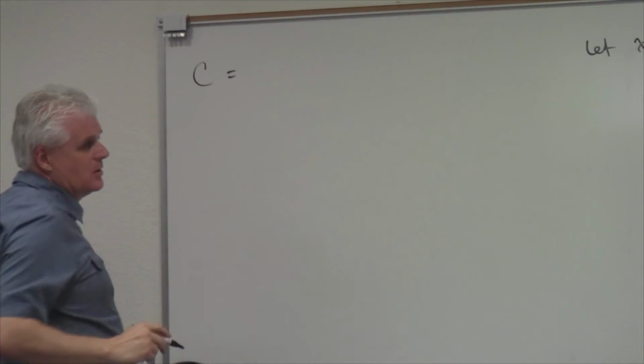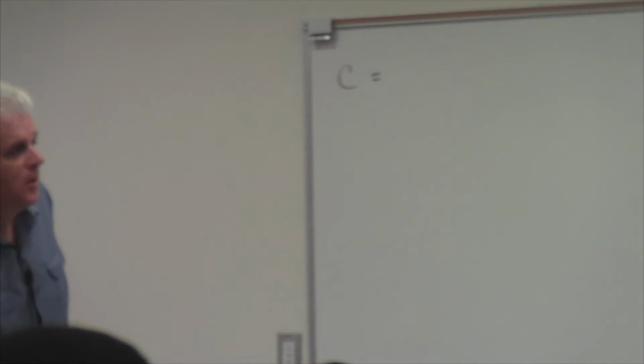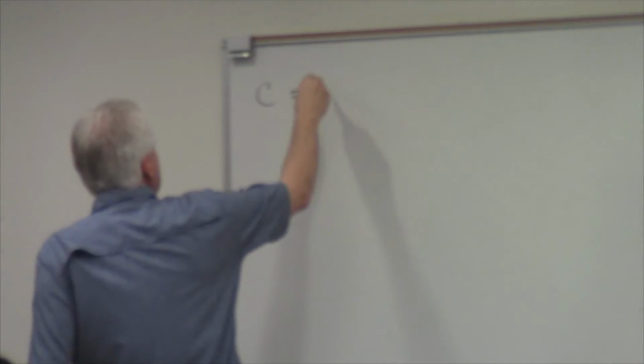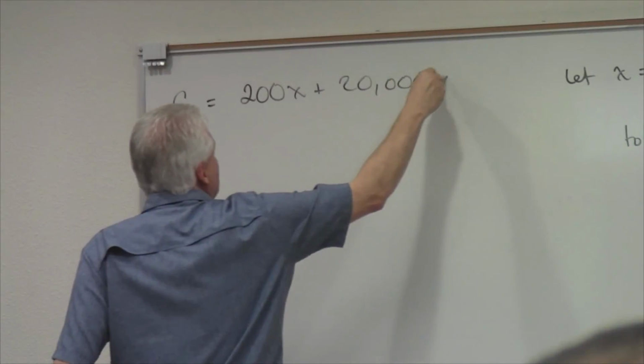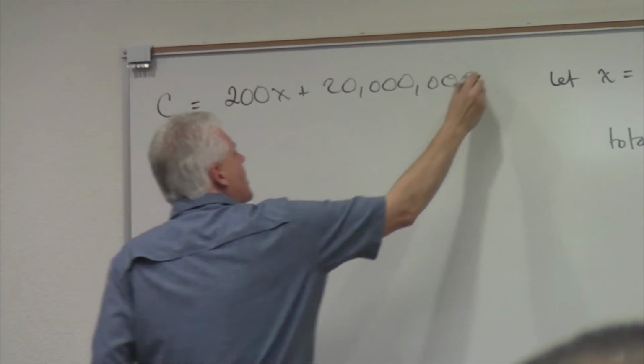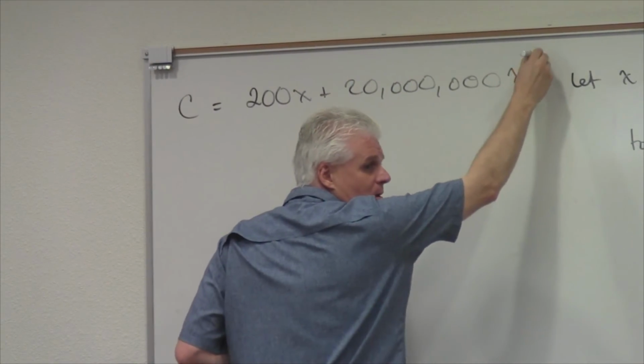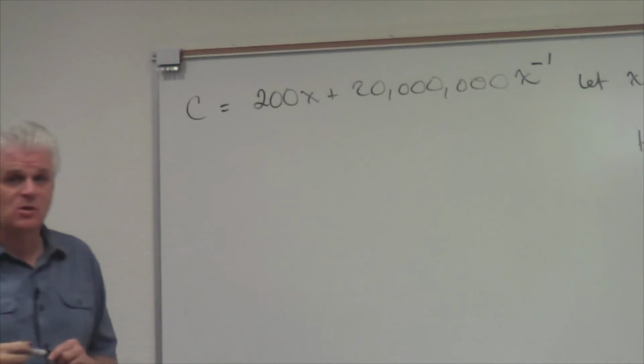So C is 200x plus 20 million. And I'll write it as x to the negative 1, because I need to take its derivative, don't I?